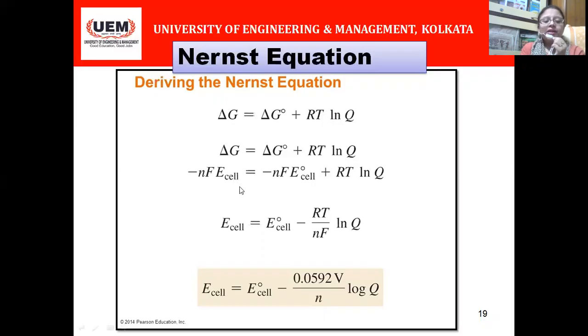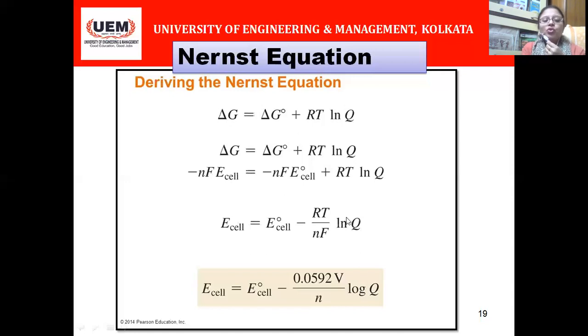Now I am dividing both sides by minus NF. So if you divide by minus NF, you get E is equal to E0 minus RT ln Q, right? Because you are dividing by minus NF, this term will become positive. E is equal to E0 minus RT by NF ln Q.